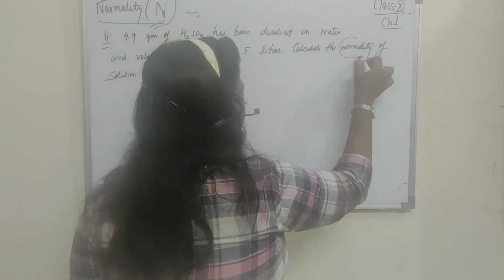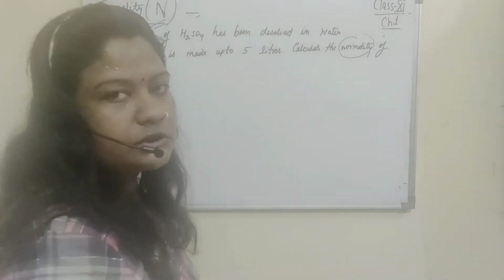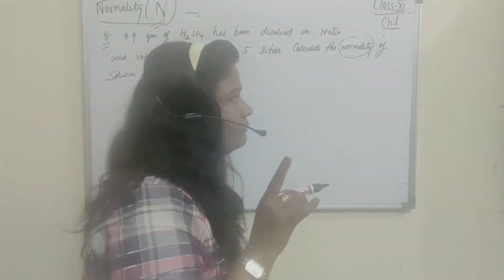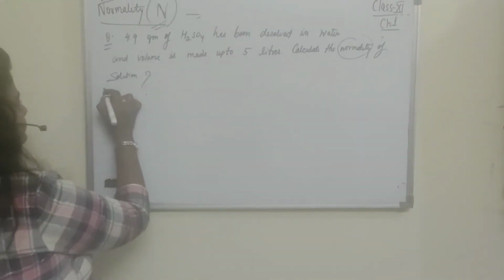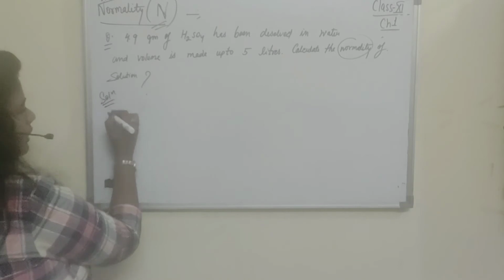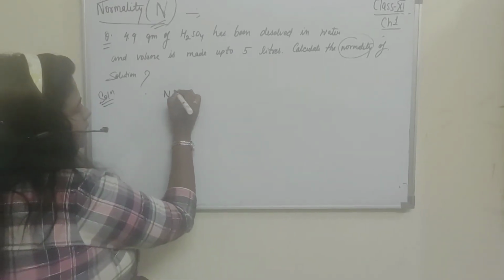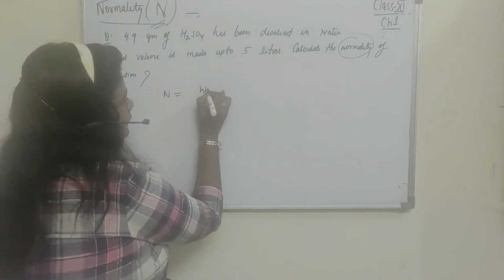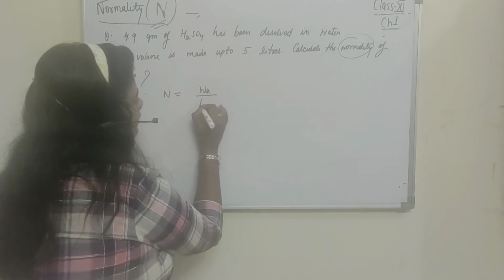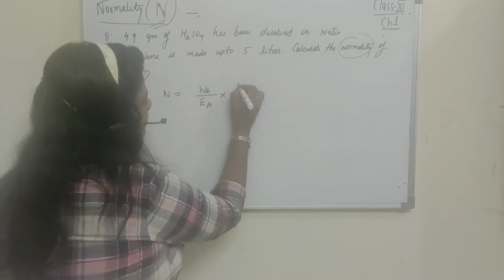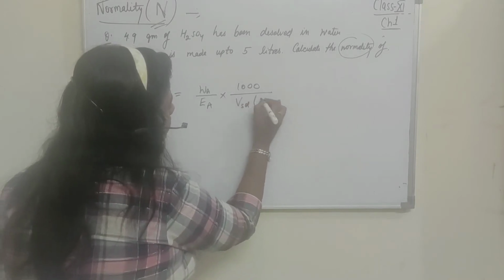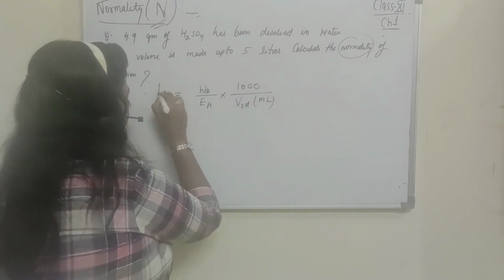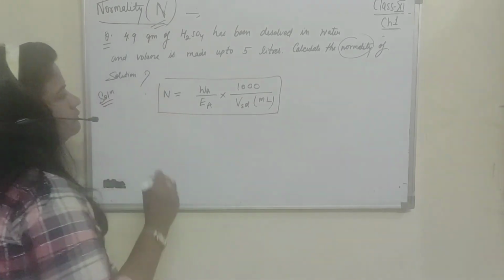First of all, we have to calculate the normality of solution. First of all, we will write the formula for normality. Normality N will be equal to WA, weight of solute, upon equivalent weight of solute multiplied by 1000 upon volume of solution in ml.